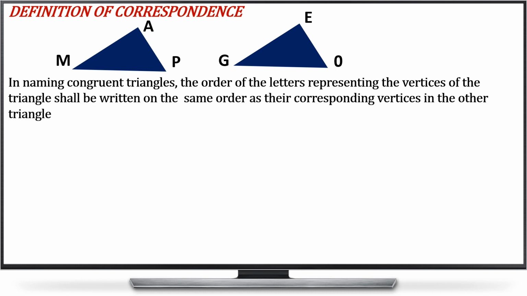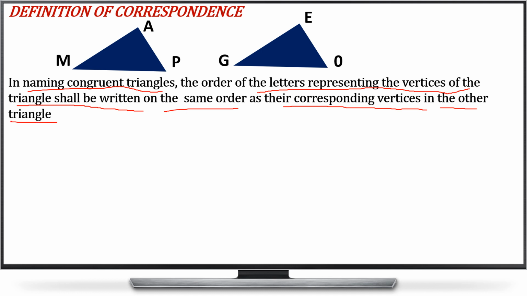How do we name congruent triangles? Remember that when we see congruent triangles, triangles must coincide with each other. In naming congruent triangles, the order of the letters representing the vertices on the triangle shall be written in the same order as their corresponding vertices in the other triangle.